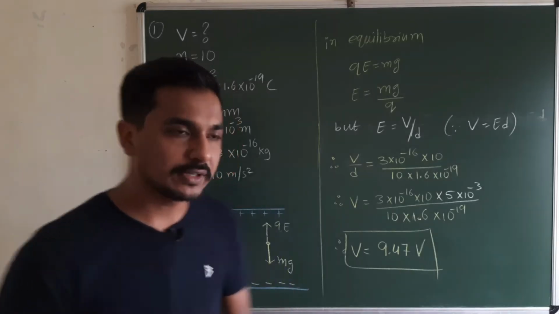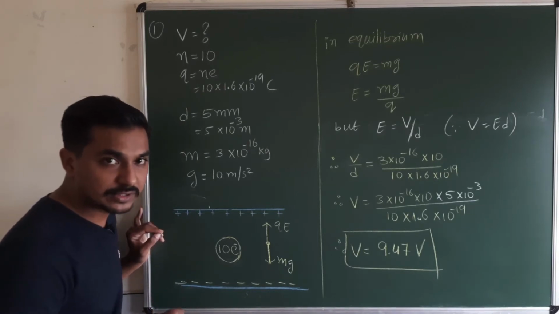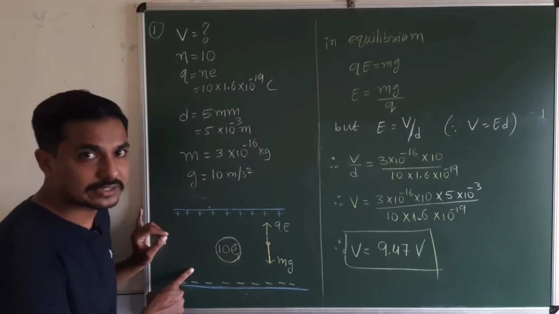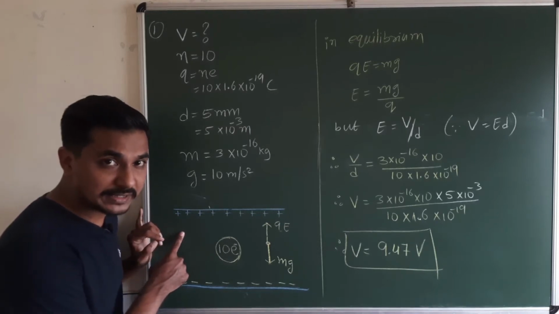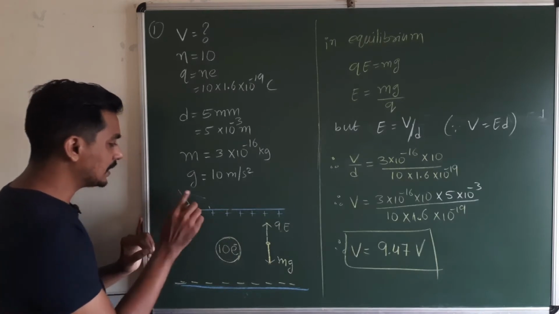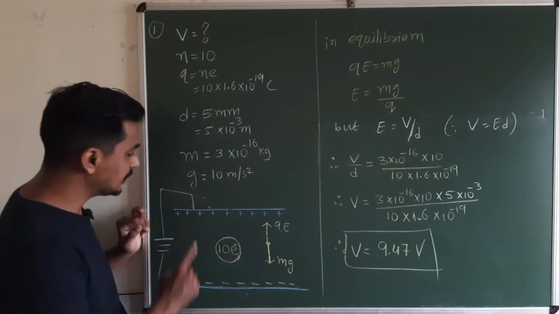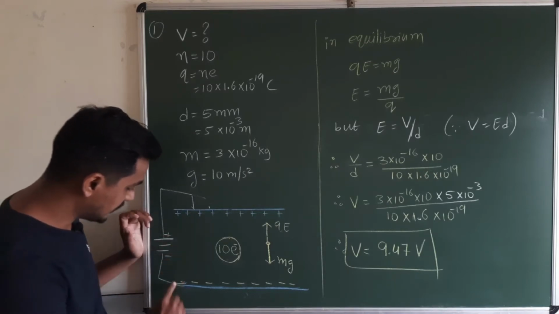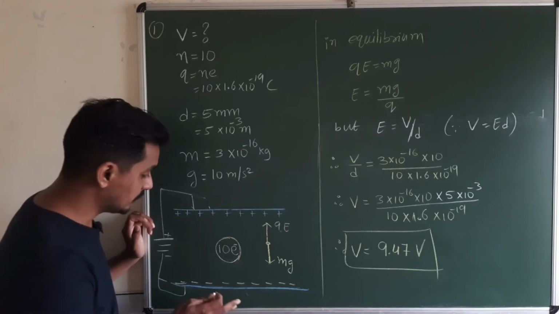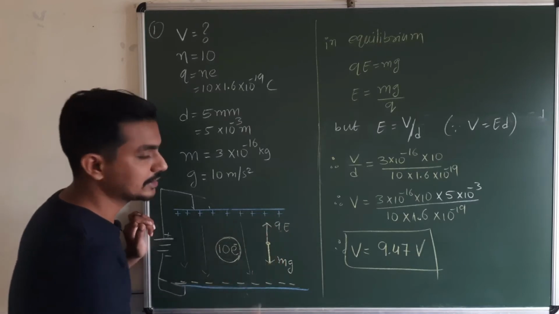Now according to the given question, we have here a capacitor in which one plate is positively charged and the other plate is negatively charged. We will discuss more about capacitors after a few topics. If you connect a battery here, then this plate will become positively charged and this plate will become negatively charged, and an electric field will be established between these plates of the capacitor.